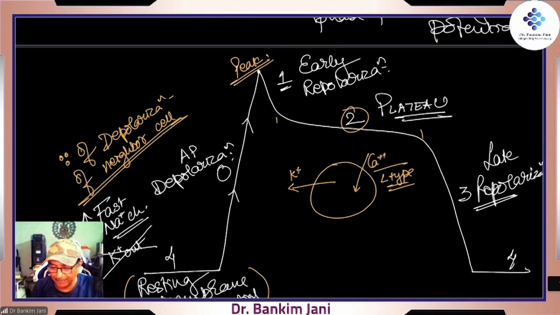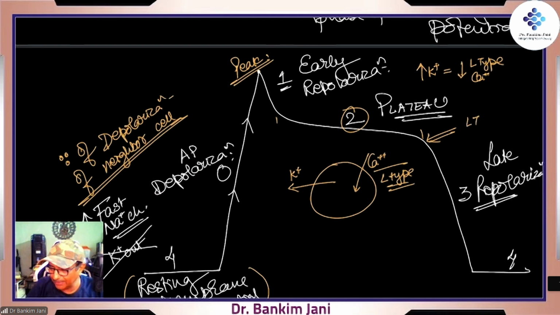So this L-type and potassium channels balance each other. At plateau, the outward move of potassium is equal to the inward move of L-type calcium. So the resultant electrical activity is 0. So that's why it is more or less like a flat line, and that is what is called the plateau.